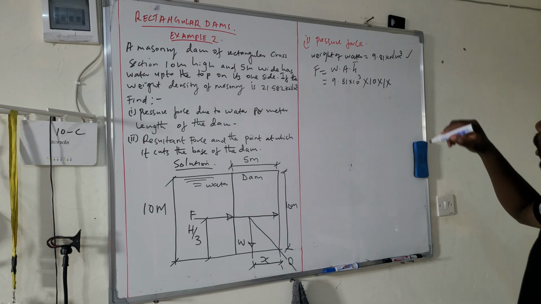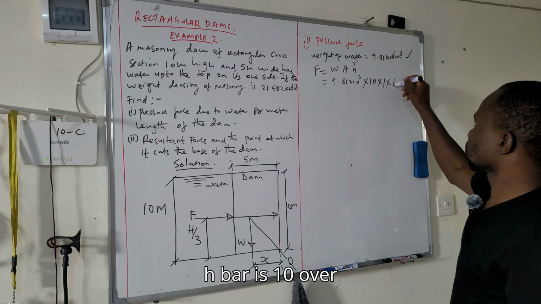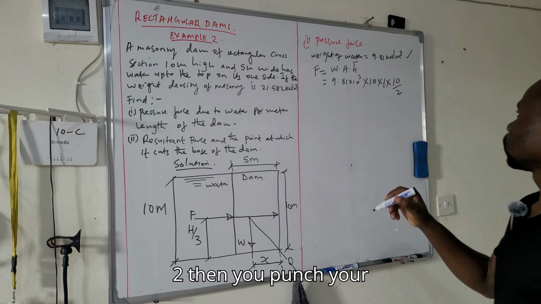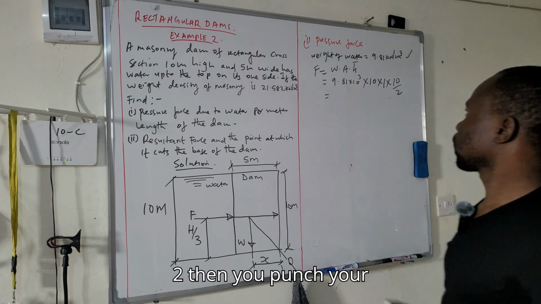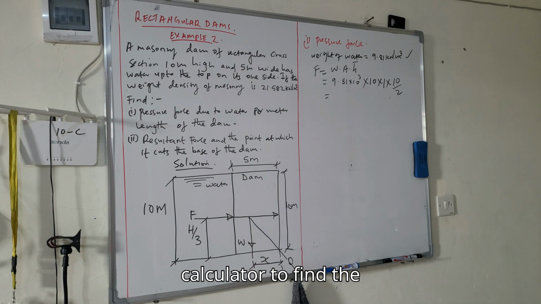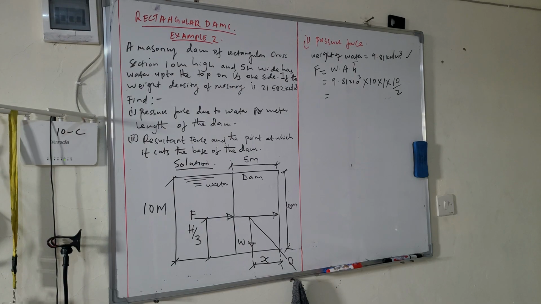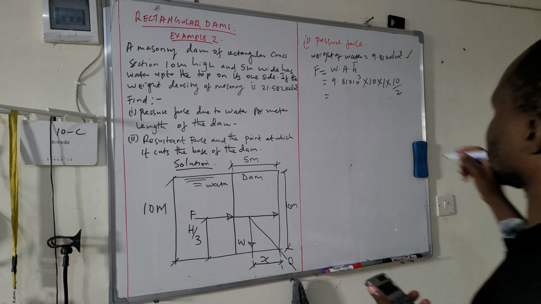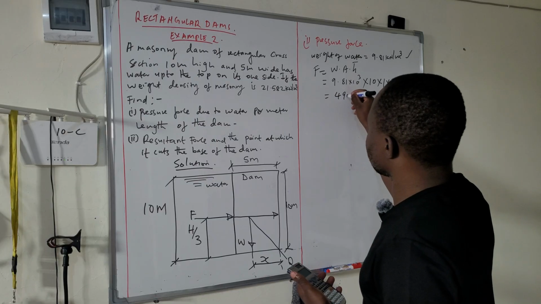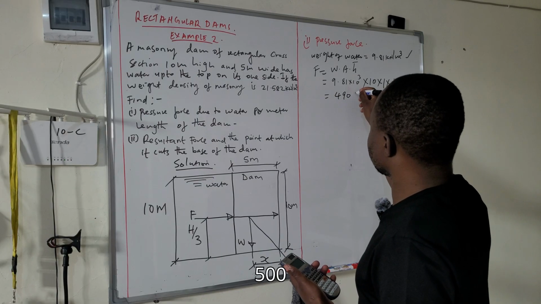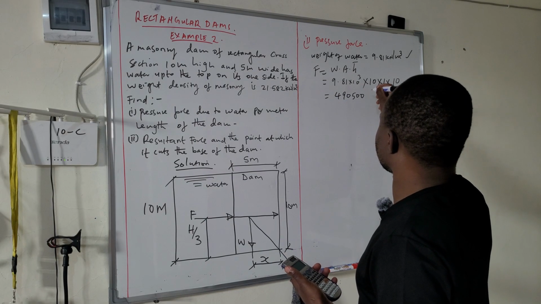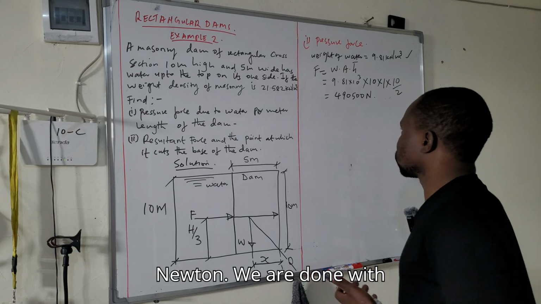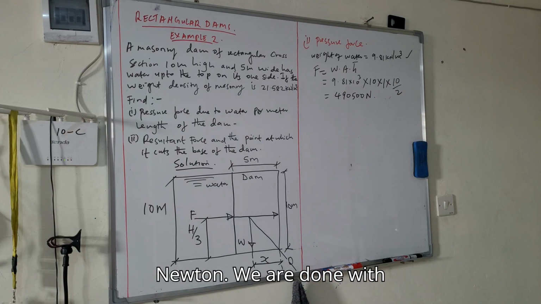Then H bar is 10 over 2. Then you punch your calculator to find the force, which is F. The answer is 490,500 Newton. We are done with pressure force.